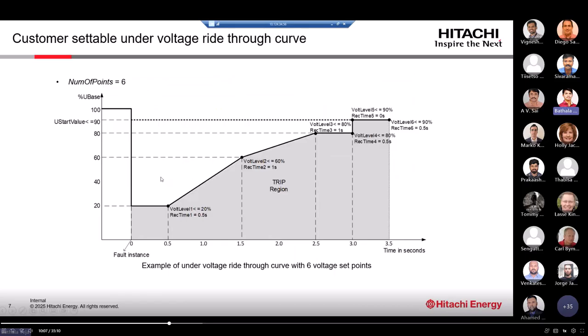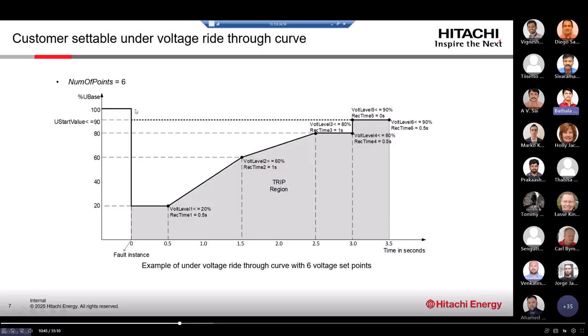Here I will explain one more thing, how it operates and when it won't operate. This function provides a block to protection functions. Whenever under voltage happens and the curve is lying in this region, and if the voltage recovers within this region, then start will be provided from this function, and it will block the under voltage protection functions, those protection functions which work based upon voltage, and only under voltage functions.